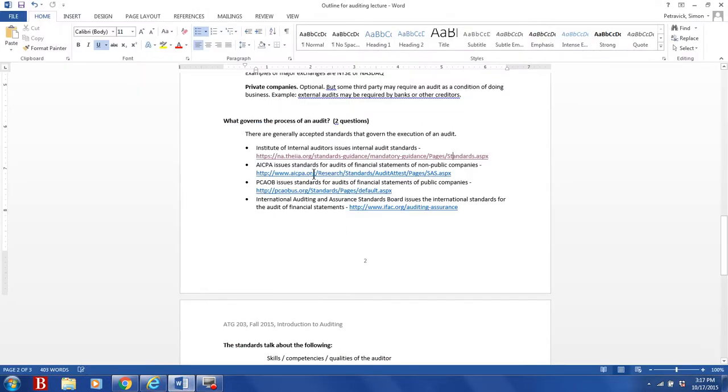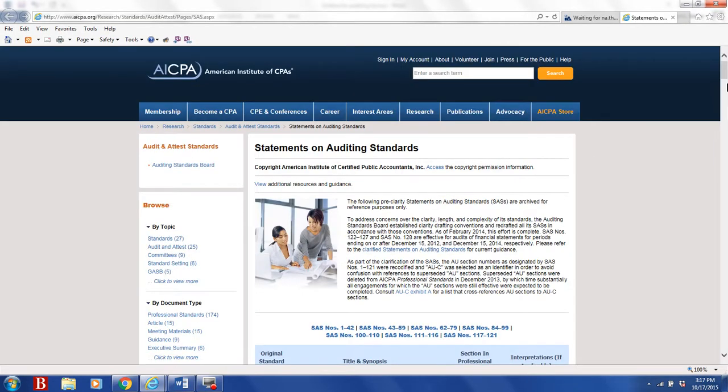If you're conducting an audit of financial statements for a non-public company, the American Institute of CPAs is the organization that issues those standards.